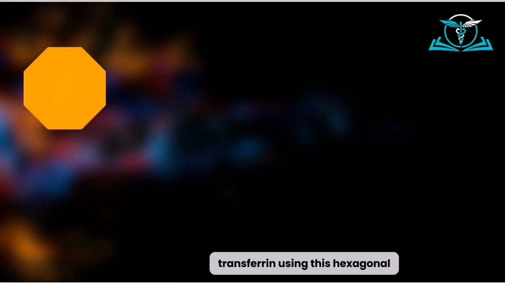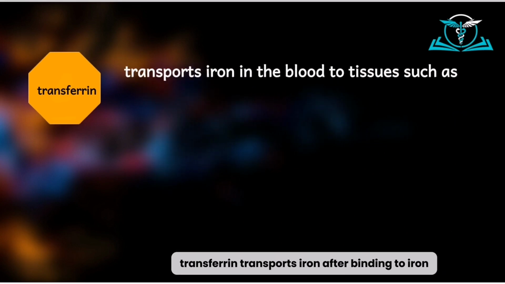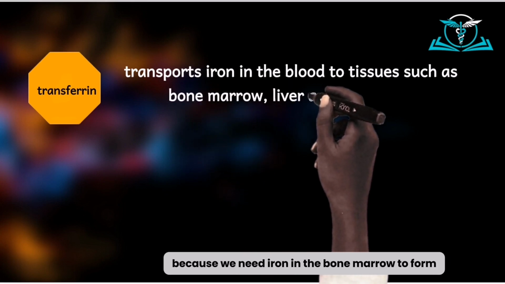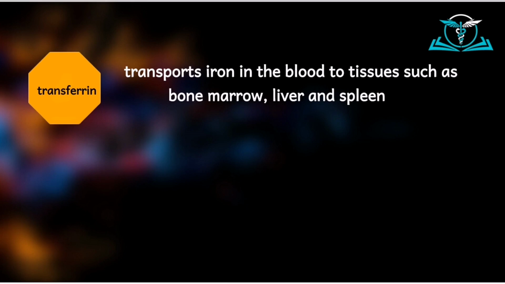Now I'm going to show transferrin using this hexagonal yellow figure. Transferrin, after binding to iron, transports iron to tissues like the bone marrow, because we need iron in the bone marrow to form red blood cells, and transports it to tissues like the liver, the spleen, macrophages.